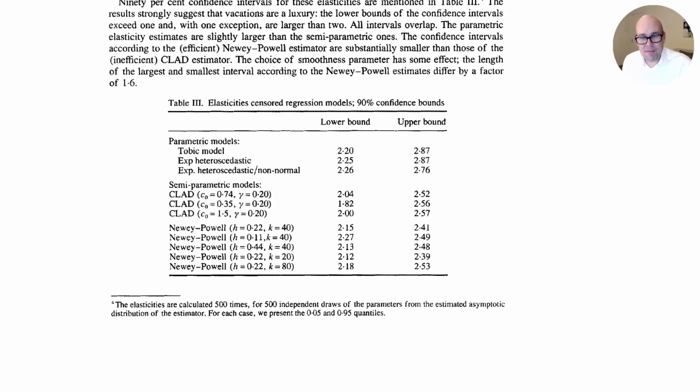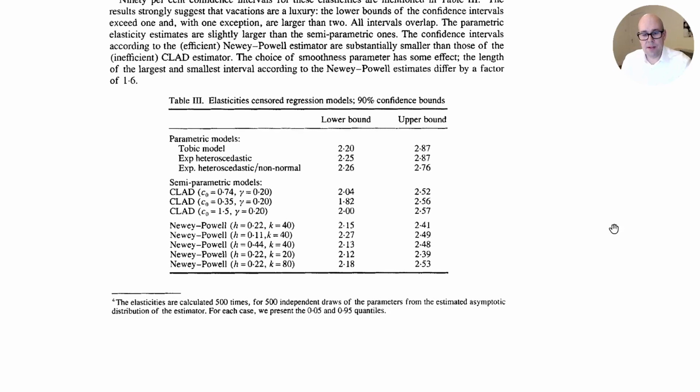And what I find interesting is that they are very similar to the elasticities that the Tobit model implies. Just to be precise, this is the elasticity of vacation expenditures with respect to income.